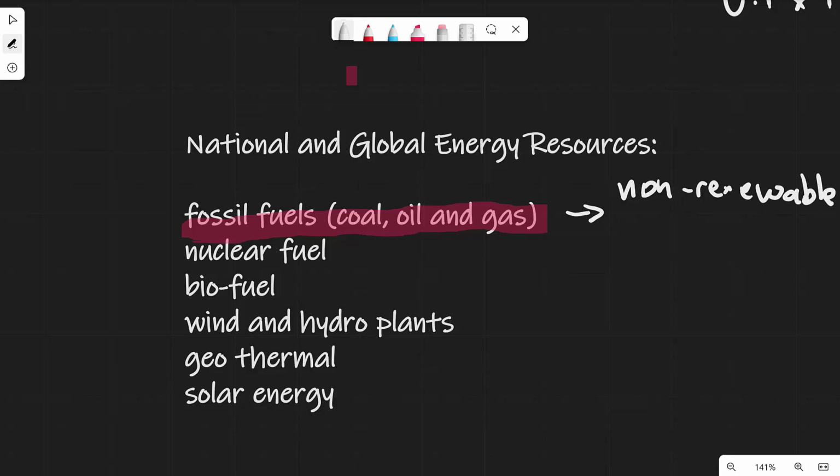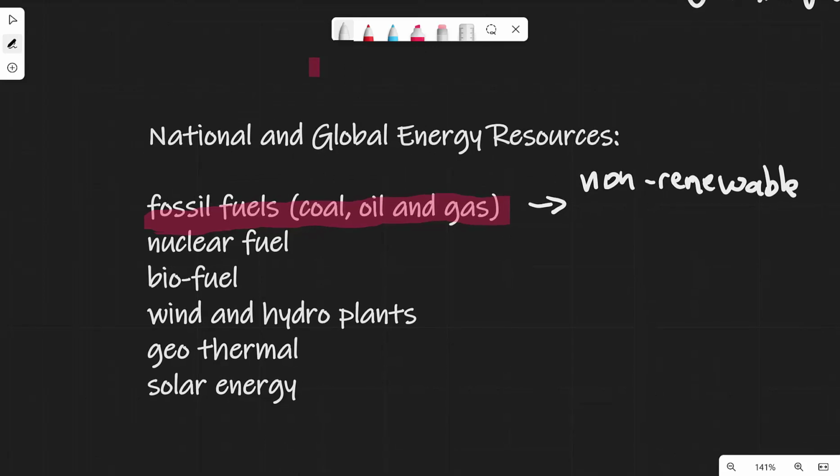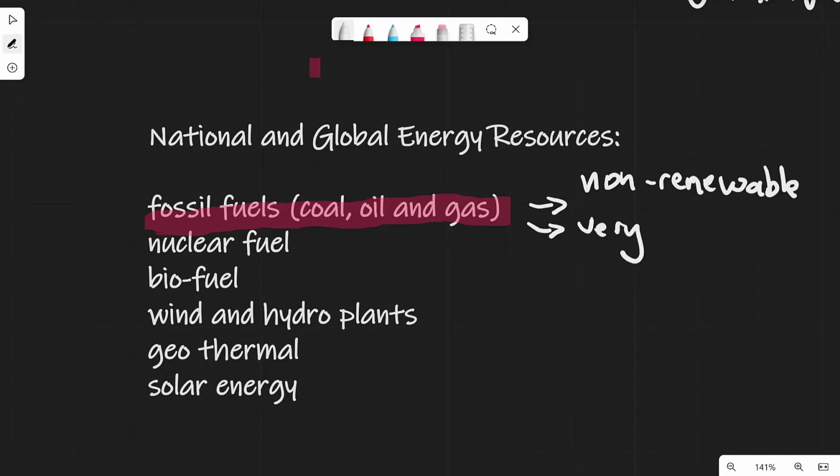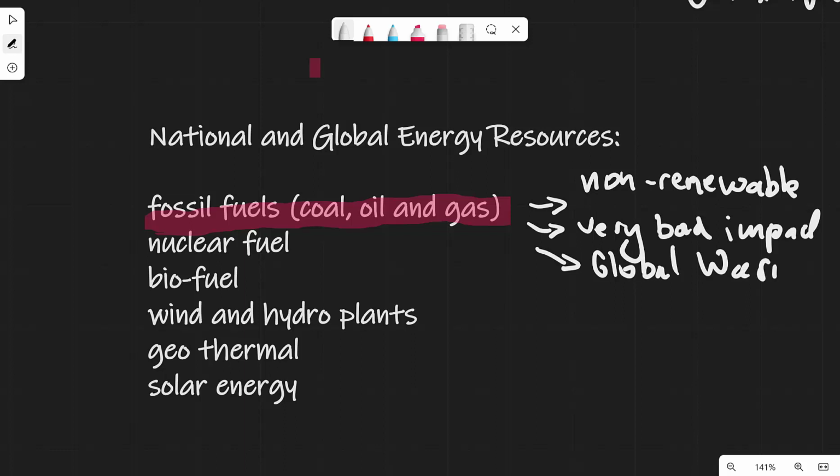This means that there's a certain amount in the world, and once we've used all of them, there won't be any more of those. And they have a very bad environmental impact. So they contribute to global warming, for instance, by increasing the CO2 levels, and additionally they produce loads of harmful emissions which have been linked to loads of health problems and are just generally quite bad.